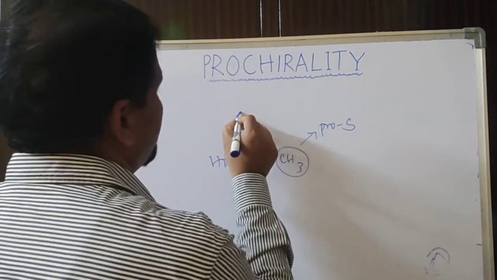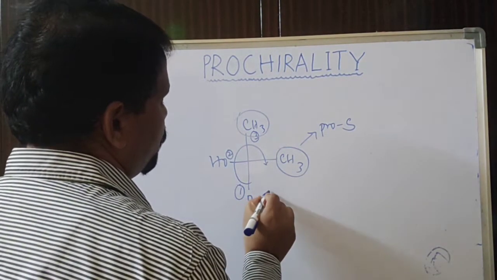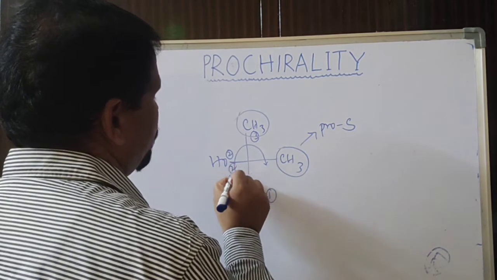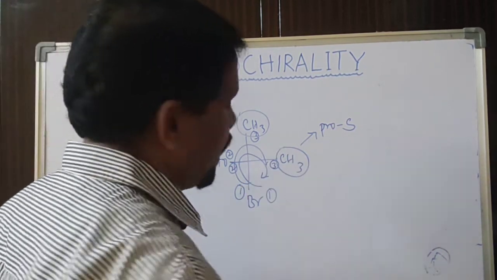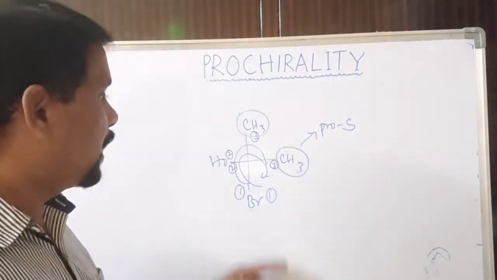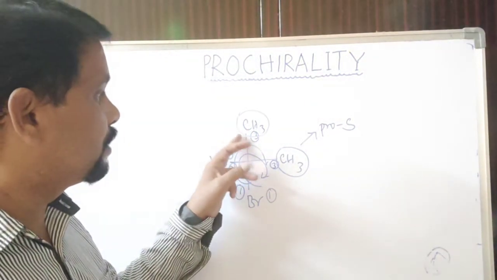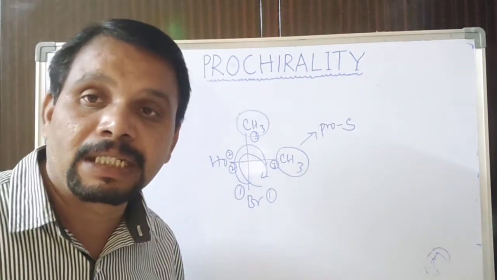So what about this other CH3? Suppose 1, 2 and 3. Same clockwise rotation only, but the least priority group is in the vertical line.